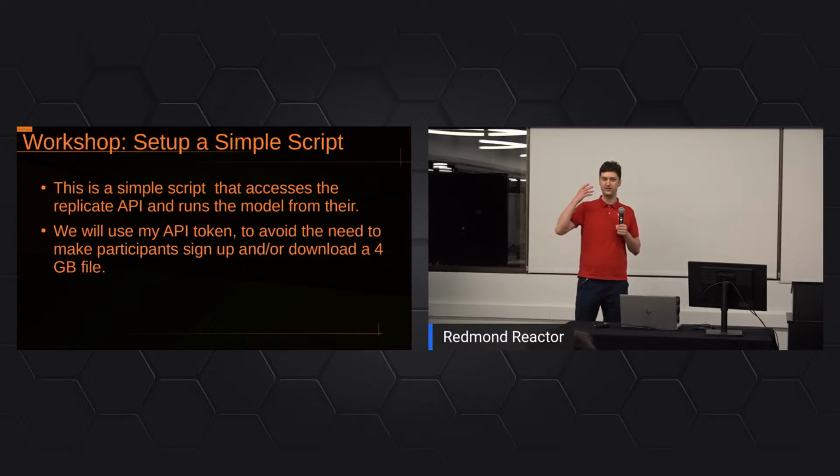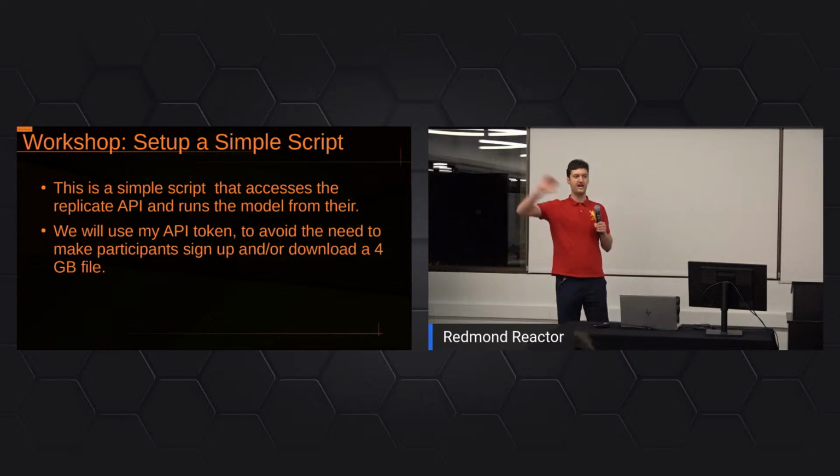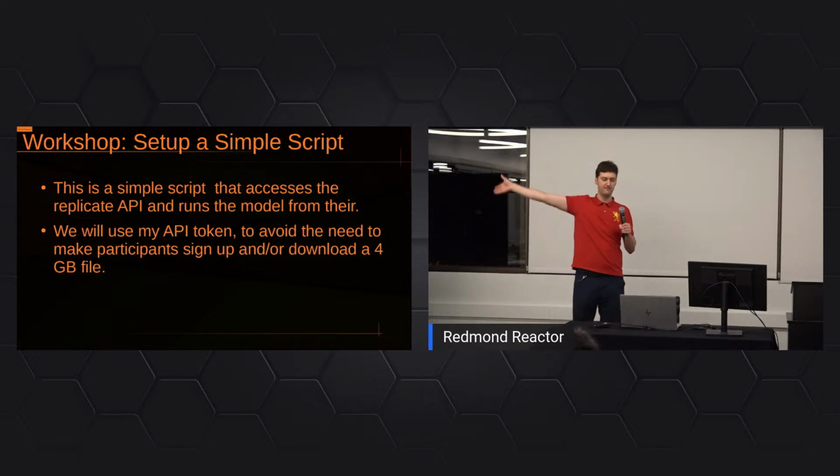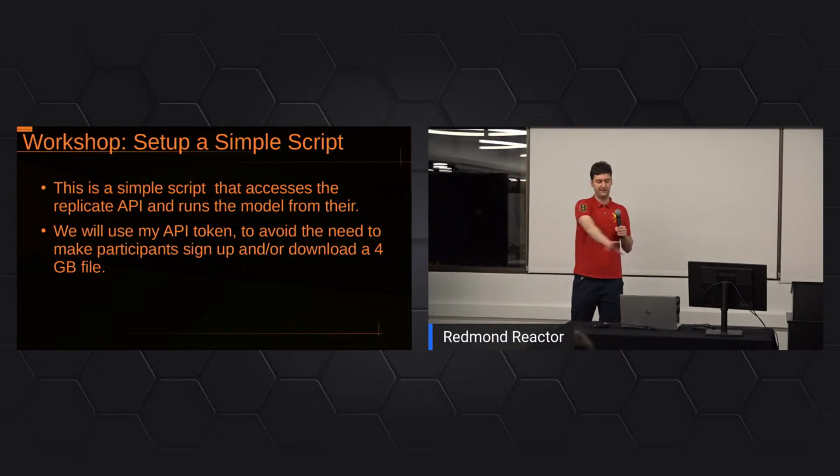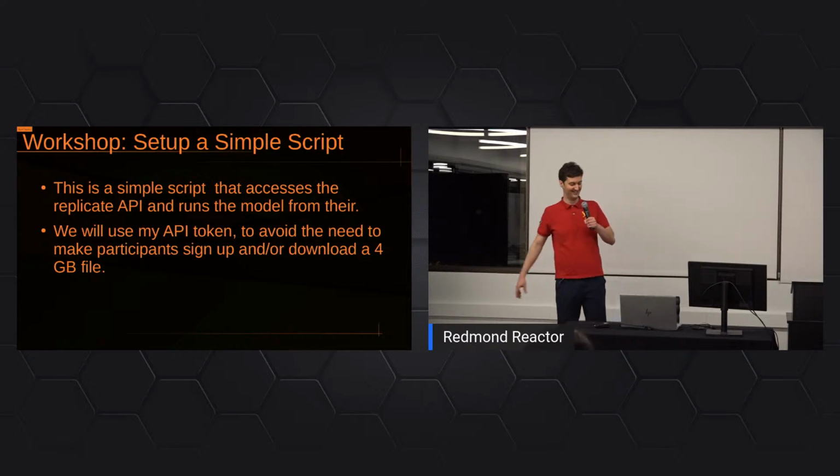We're going to contact the Replicate API that is running this model on their own computers with huge GPUs, so that we don't have to download a 4 GB file and run it on this laptop, which is dinky.